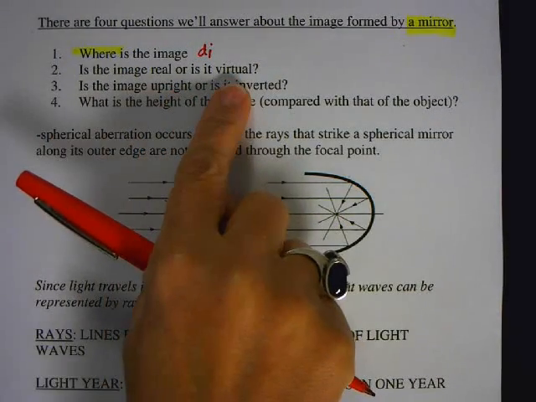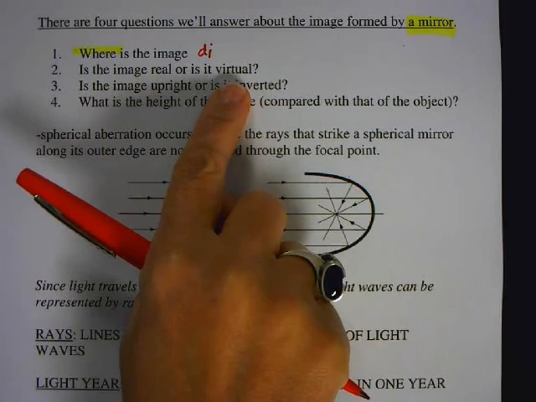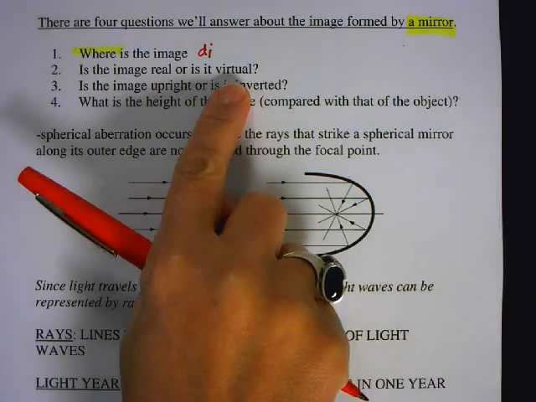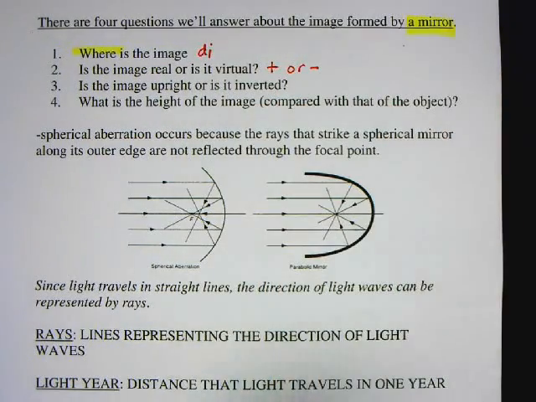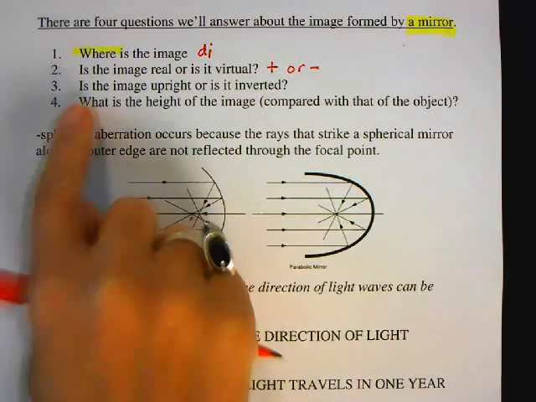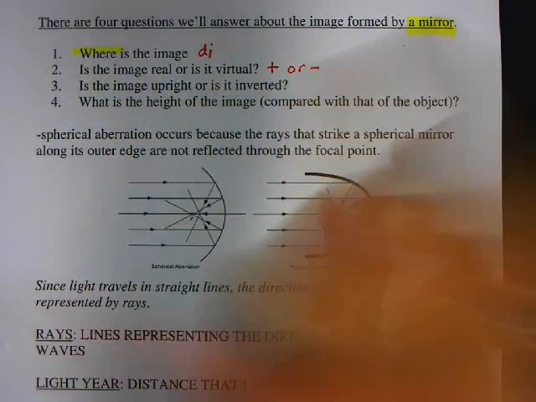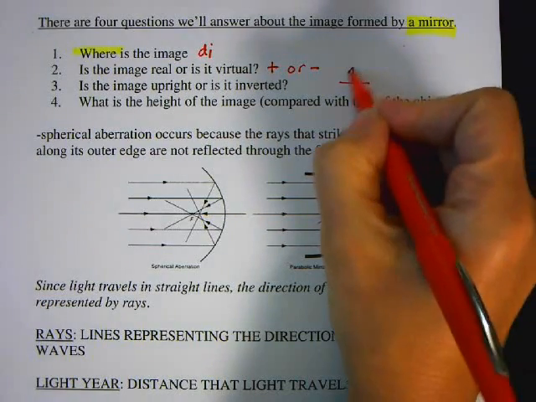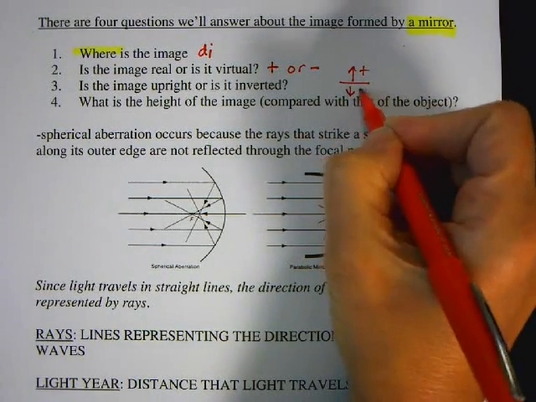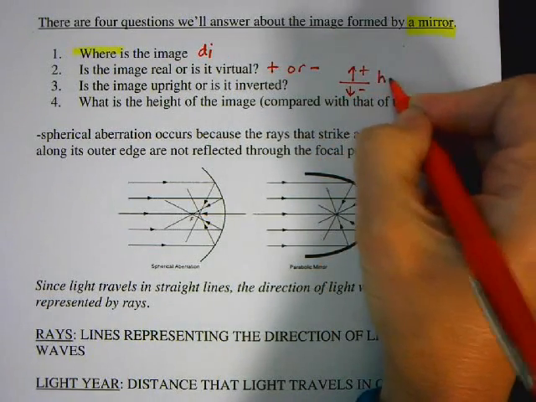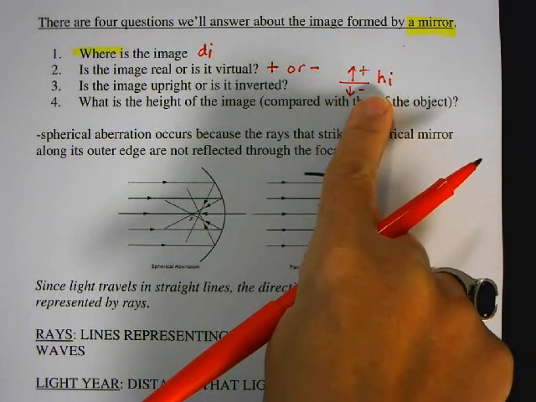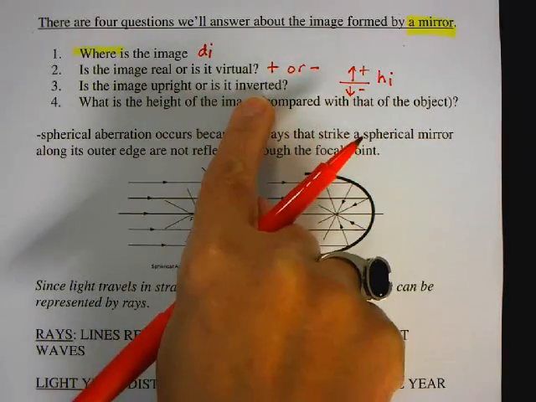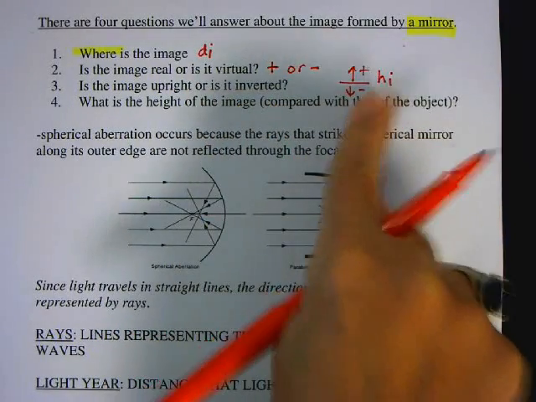Is the image real or virtual? As far as our frame of reference, whether it's positive or negative is going to tell us whether the image is real or virtual. Is the image upright or inverted? Our sign convention for hi, the height of the image, whether it's positive or negative, is going to tell us if it's upright or inverted mathematically.